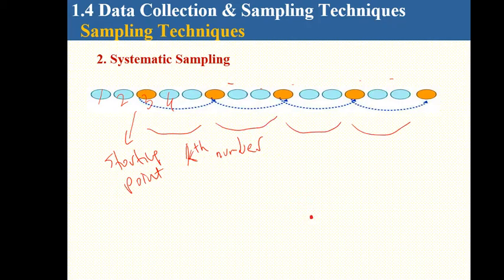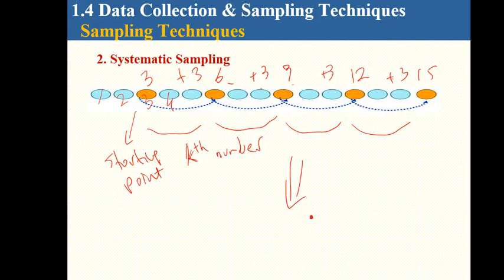So it goes like this. In this example, it goes 3, plus 3 is 6, plus 3 makes 9, plus 3 makes 12, and 15. So every third number after 3 is chosen. The sample is 3, 6, 9, 12, 15.